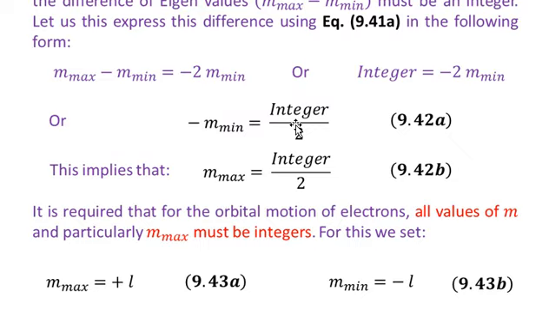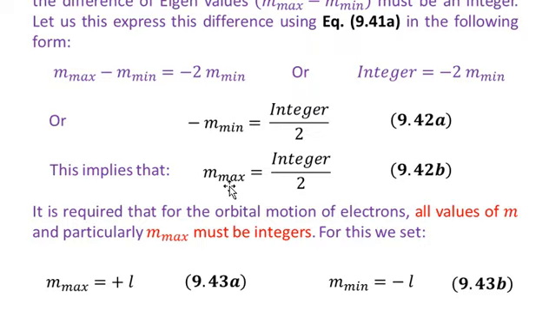But if you replace the integer in equations 42a and 42b by odd integers, then minus m minimum and m maximum will take half integer values.